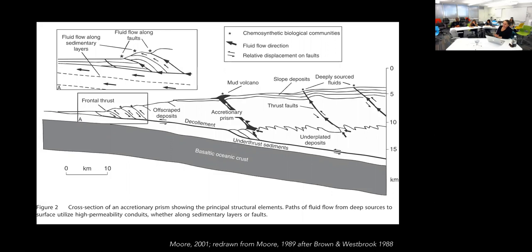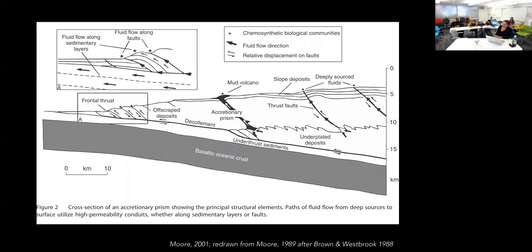A big source of fluid coming out of the sediments is actually the early production of oil and gas, or hydrocarbon liquids, from the maturation of sediments. That can produce CO2 venting, methane venting, or even oil venting to the seafloor.